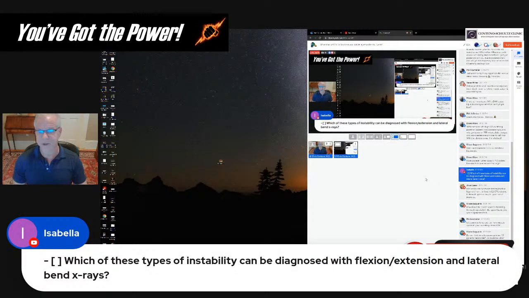Isabella, which of these types of instability are diagnosed with flexion extension and lateral bend x-rays? Well, if we're talking about routine flexion extension, then the type 3s and the type 2A. So 2A is going to be that increase in Grab-Oaks or increase in atlantodental interspace.